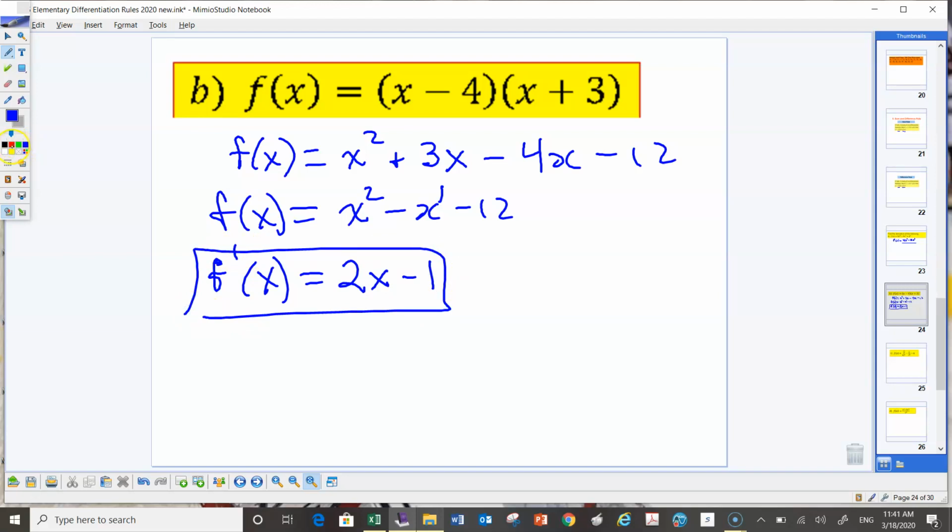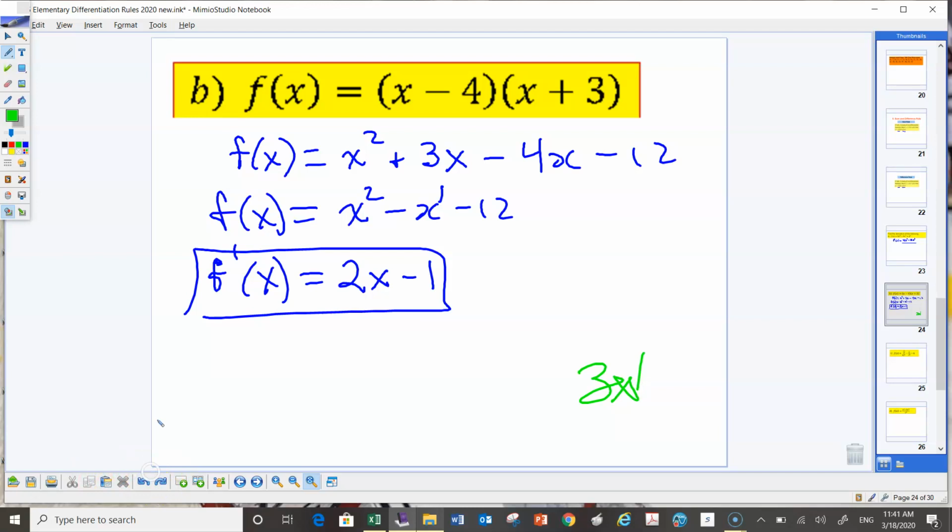Many students struggle when they're asked to take the derivative of a constant times x, and the key thing to remember with that is, for example, if I have 3x, the derivative of that is simply, well, hang on, let me just erase that, sorry.